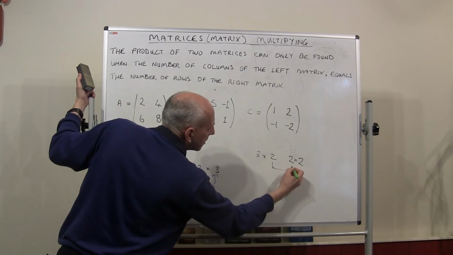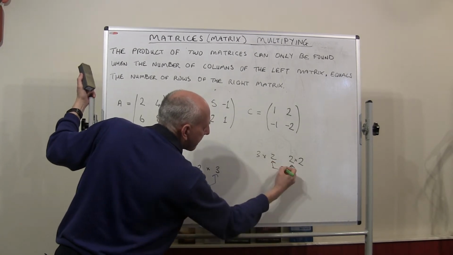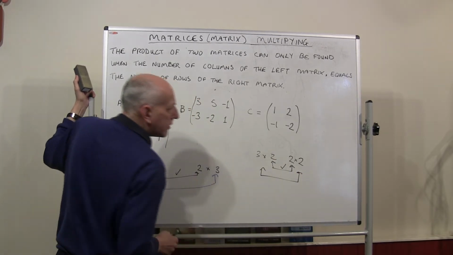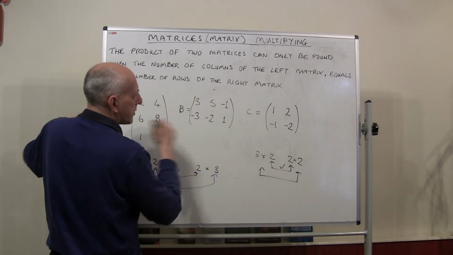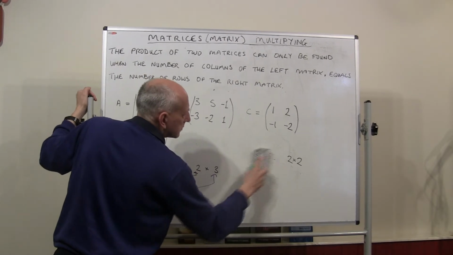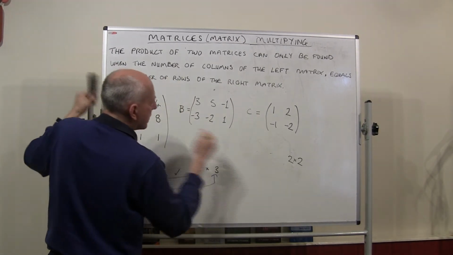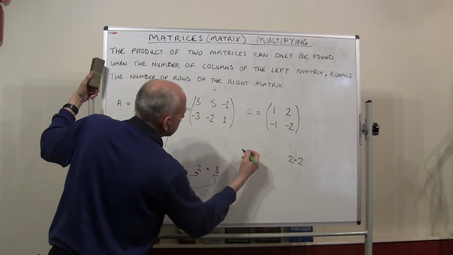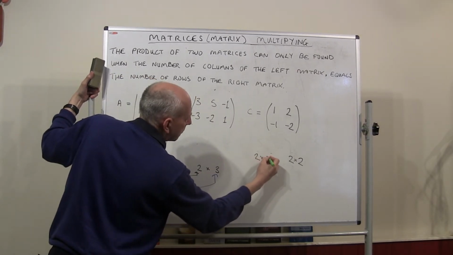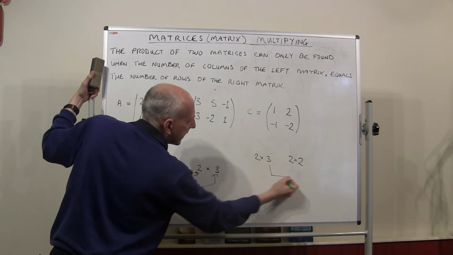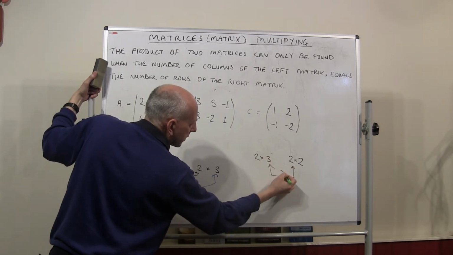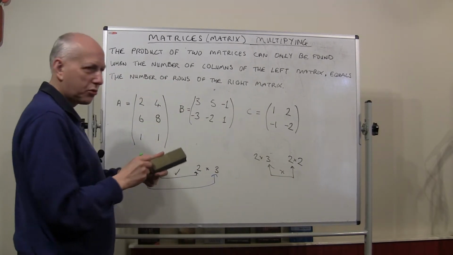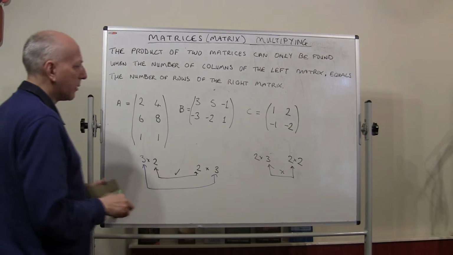Again, everything's happy, and in this result we get a 3 by 2 result. Now if I do it with B, if I want B times C, B is a 2 times 3, and you look at that, they don't agree. It doesn't matter what the other two numbers, the outer ones, are, because you can't do it anyway.